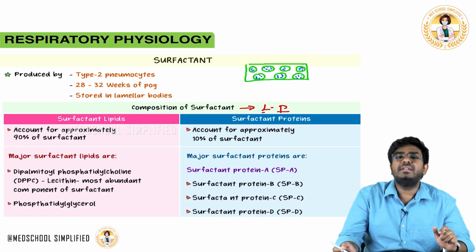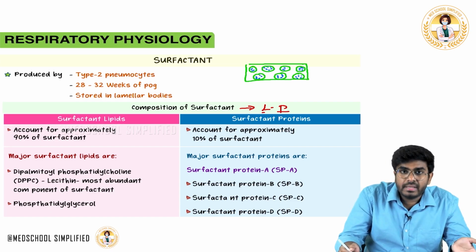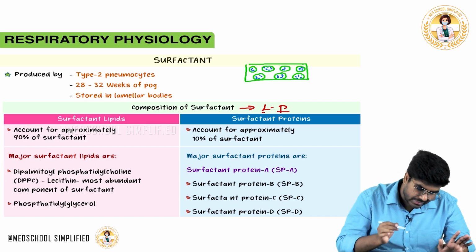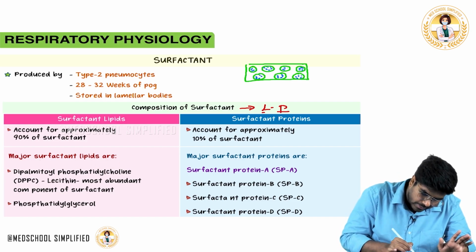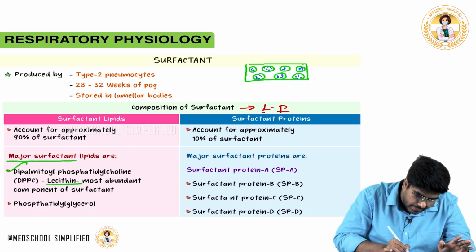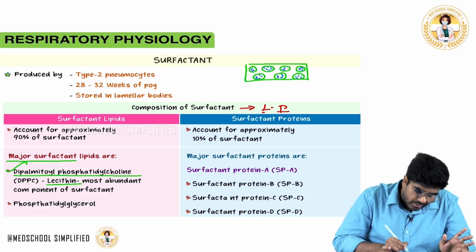Now, what are the lipids present in the surfactant? The lipids are mainly divided into the major lipid and the minor lipids. The major surfactant lipid is dipalmitoyl phosphatidylcholine, DPPC, which is also called lecithin. It is the most abundant component of the surfactant.